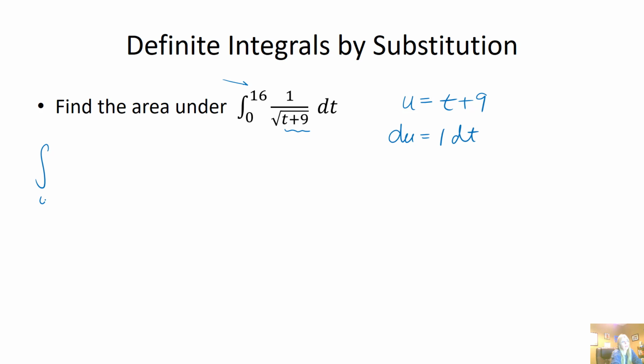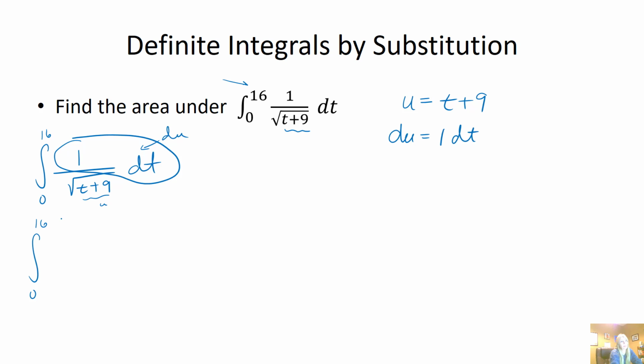And so again, if I rewrite this, this is really 1 over the square root of t plus 9 dt, where this piece right here is going to become du. And then of course that becomes u. So I get 0 to 16, 1 over the square root of u du.